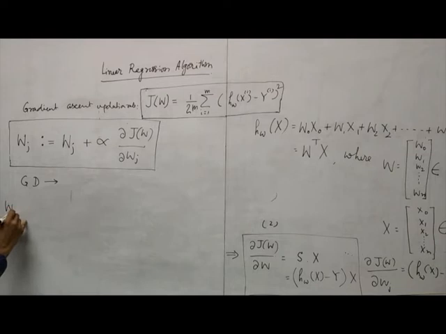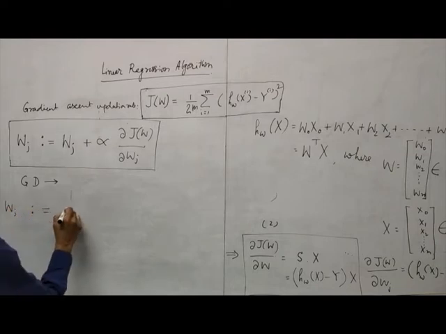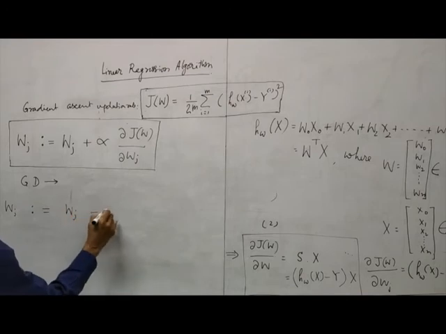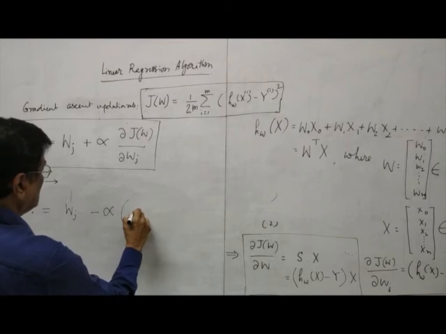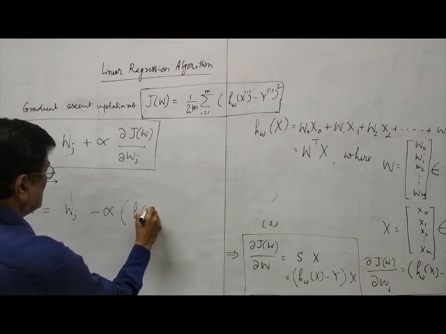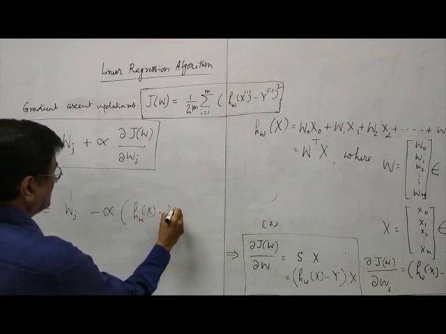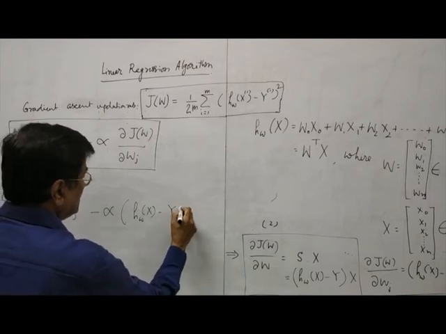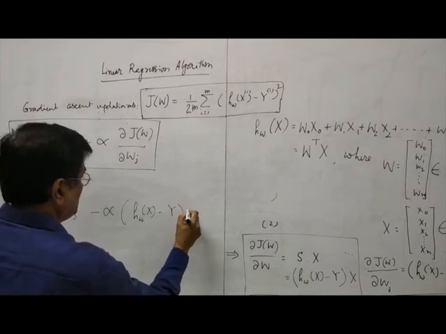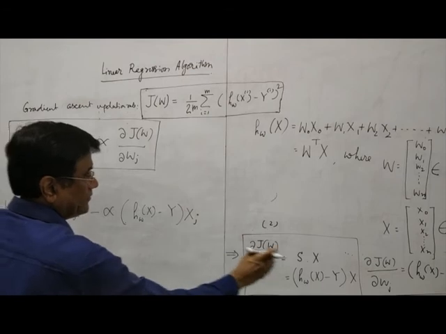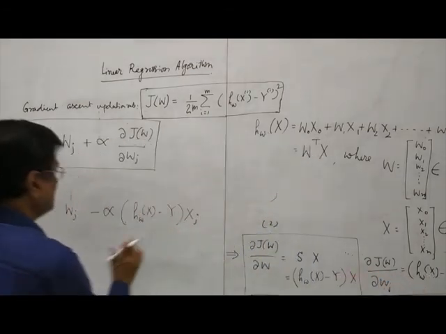Now, how to write it for m number of samples? Alpha, minus y into xj from here, I'm just copying.